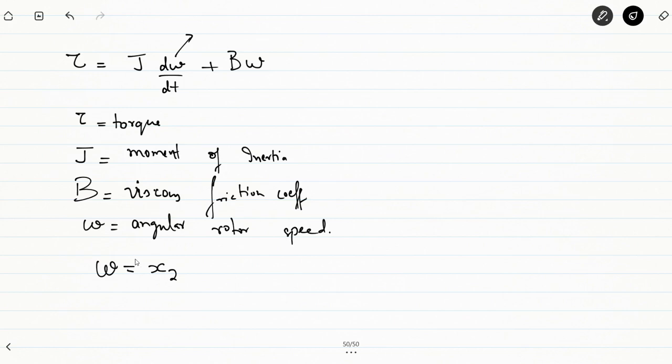The electrical circuit equations we already know: we have established that current through an inductor and voltage across a capacitor are the state variables. In the case of electrical machines, there are other differentially varying quantities associated with the mechanical nature of the system. So because of the mechanical nature of electrical machines, we have another state variable, omega equal to x2.